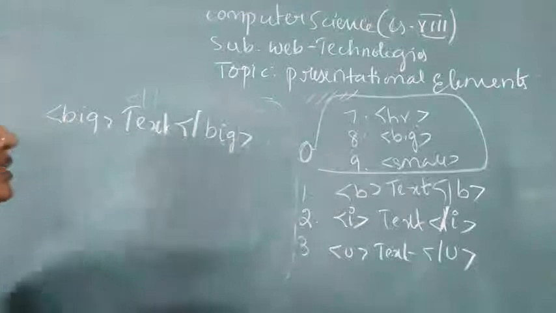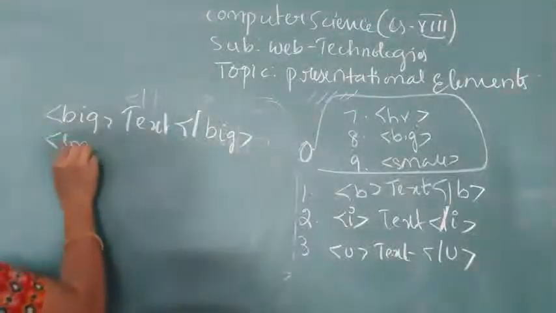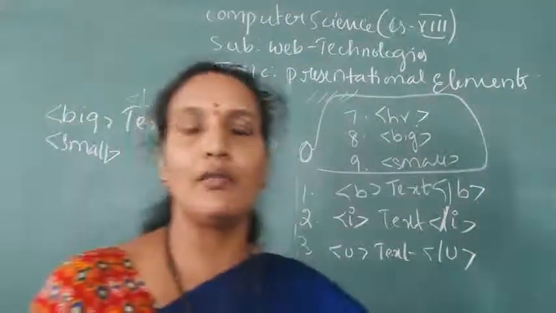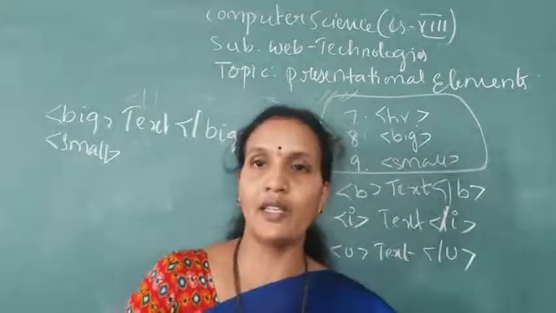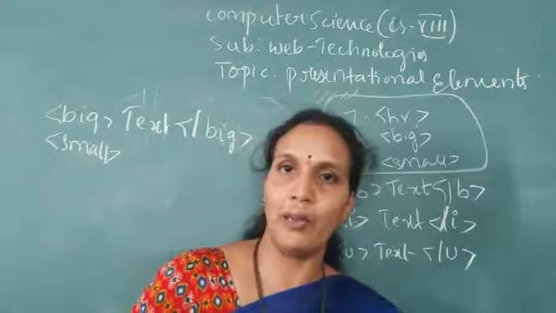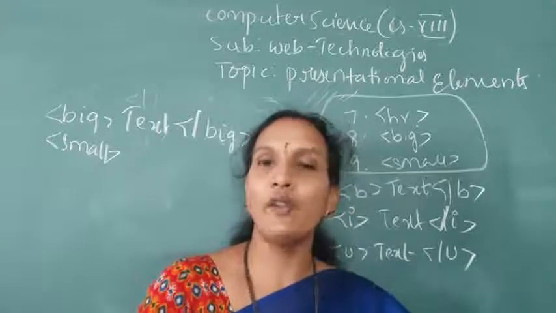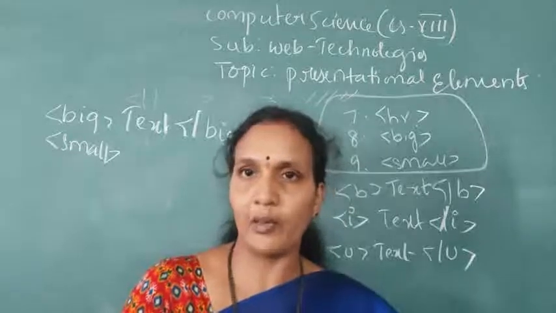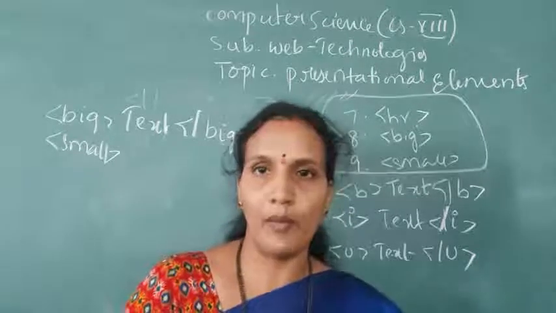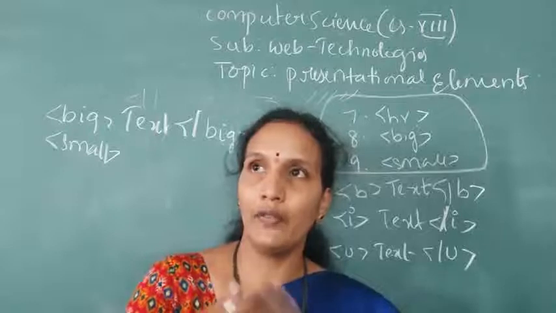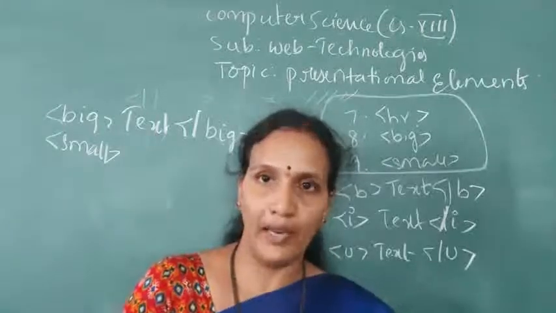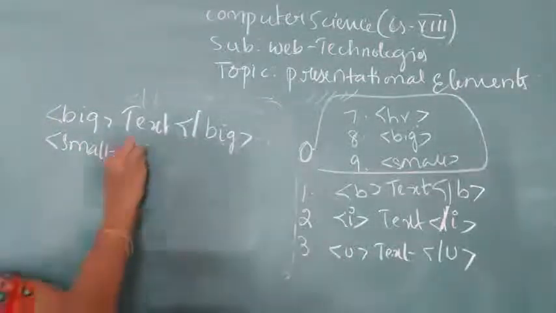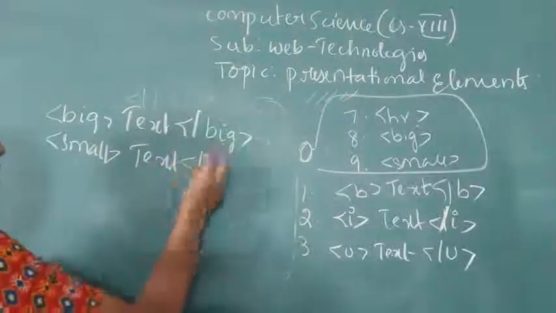And next, small is the opposite of big. Using big, the font size is more, for whatever text you have enclosed between a big opening and closing. But if you want to decrease the size of any text compared to the normal text, you include that text between a small opening and closing. Small.